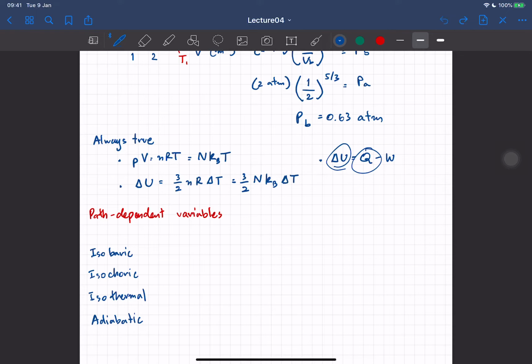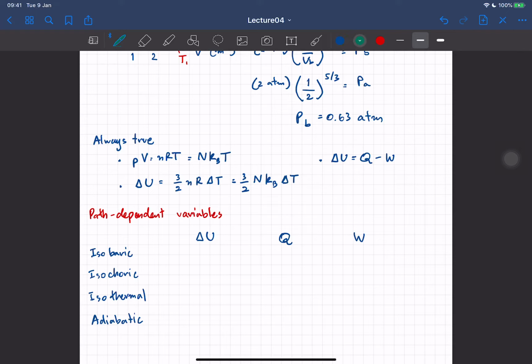Sometimes 2 are given, so you calculate the third one. So I can have the columns divided by delta U, Q, and then W. And we can fill in this table.